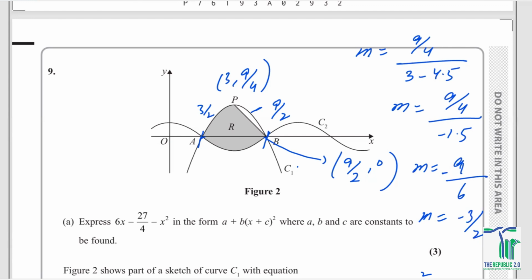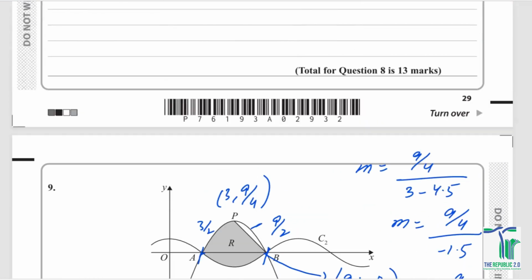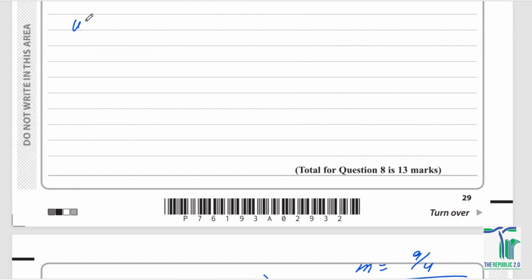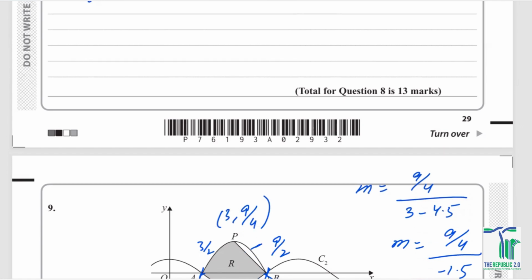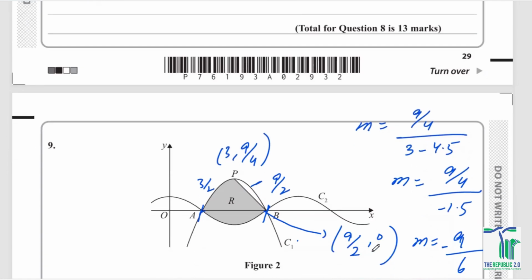At the end of the day, for the equation of this line, I'm just going to use the point slope form. I'm just going to use y minus y1.